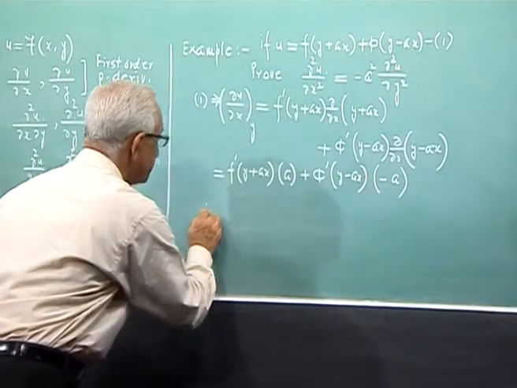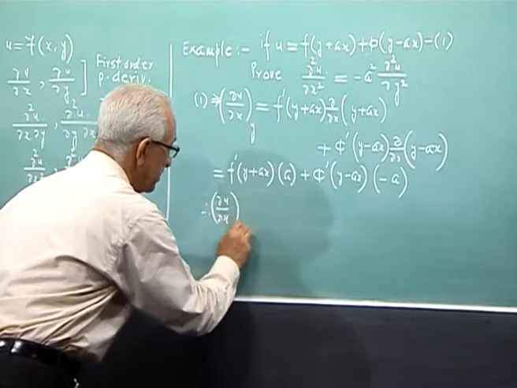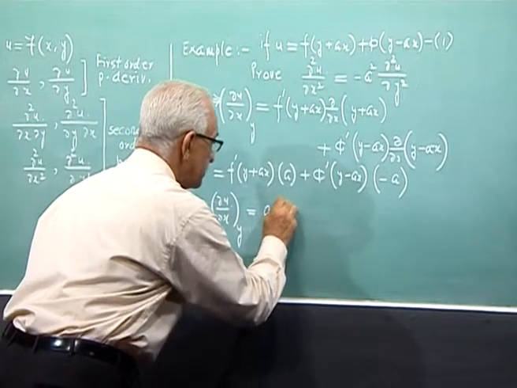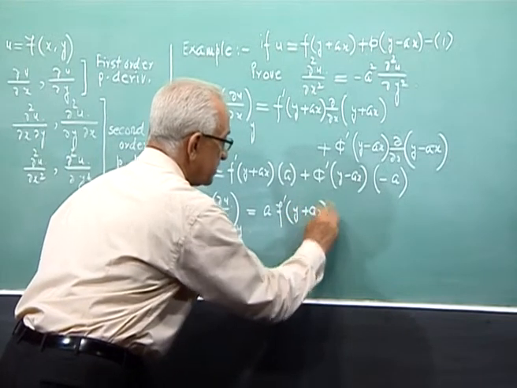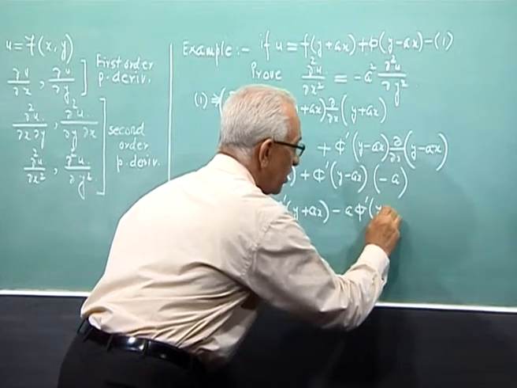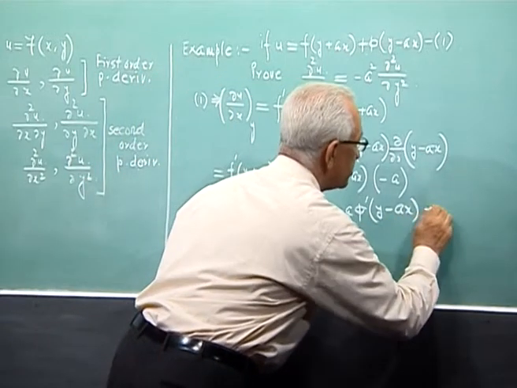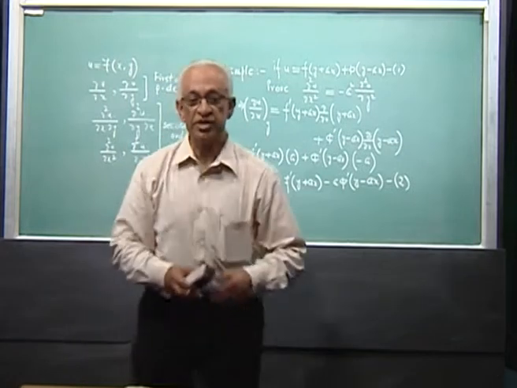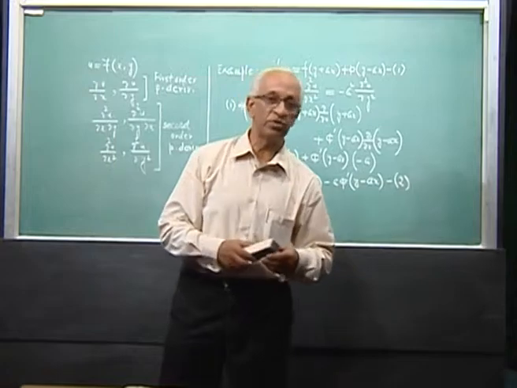So we have the first part of it: du dx keeping y constant is equal to a into f dash of y plus ax minus a times phi dash of y minus ax. Let me call it equation 2, because after this I will proceed further to make it possible that we go with respect to y also.